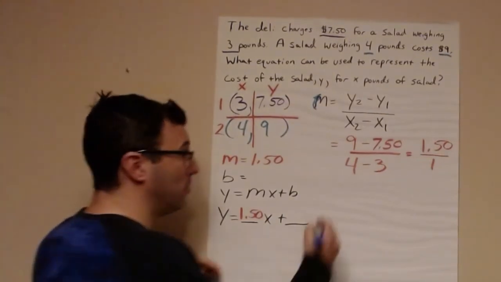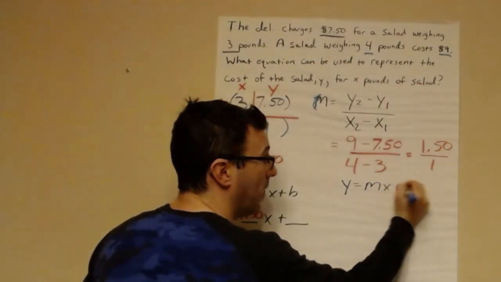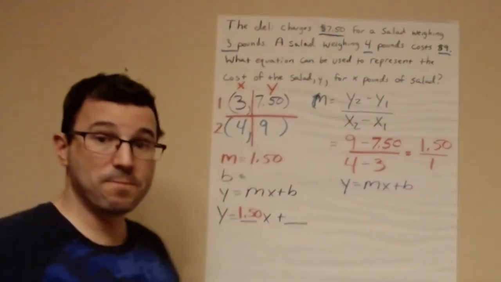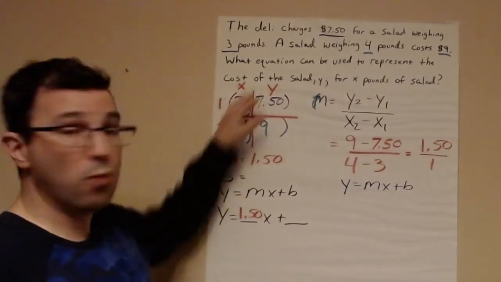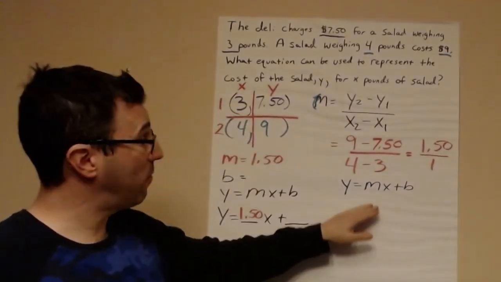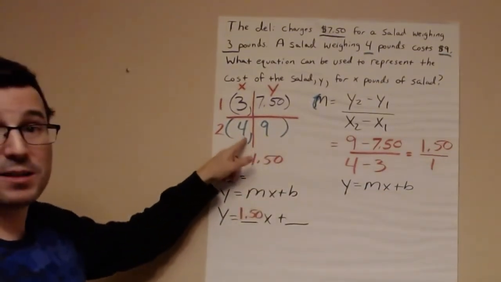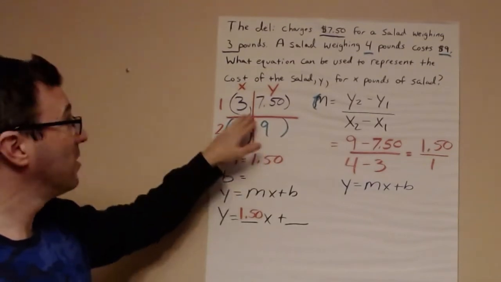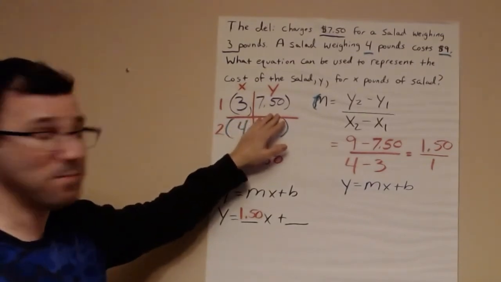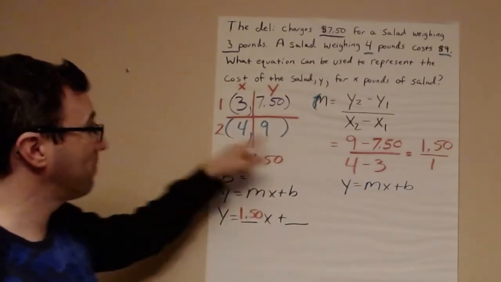We're going to start off with y equals mx plus b. And then we're going to choose one of these points to substitute in here for our x and our y. And the better one, in my mind, is this one, 4, 9, because we don't have a decimal to deal with.